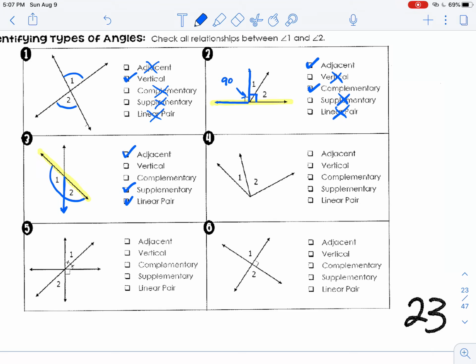In number 4, angles 1 and 2, definitely next to each other, so they're adjacent. Vertical, not a chance. Complementary, we don't know. Without any sort of diagram, a little box or a number, we don't know what these measures are, and they're definitely not a linear pair.